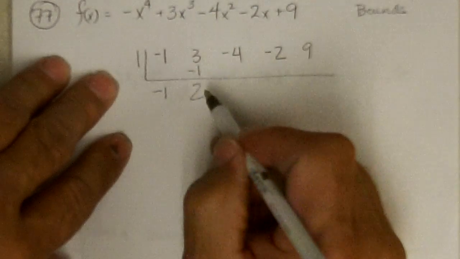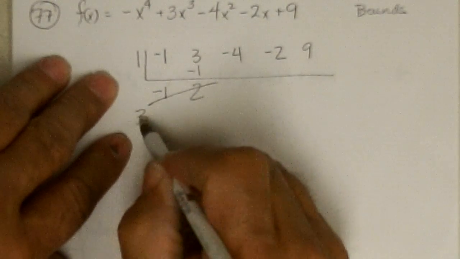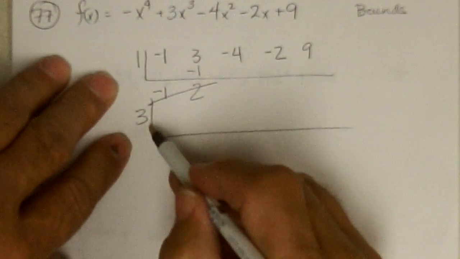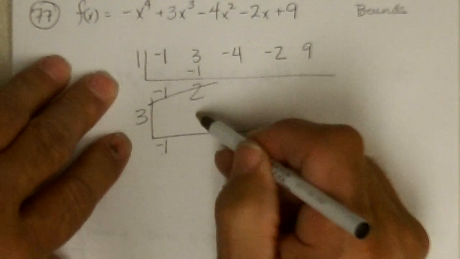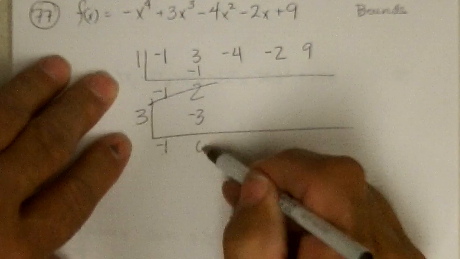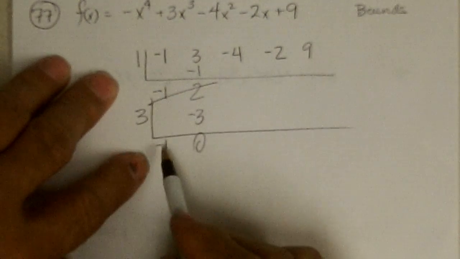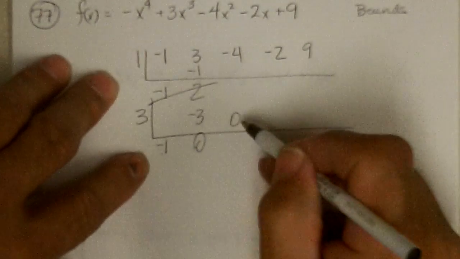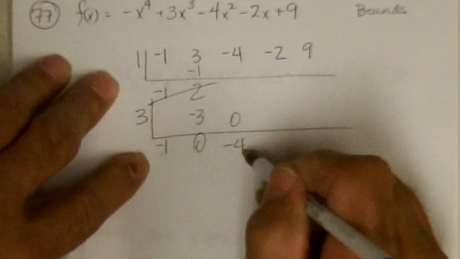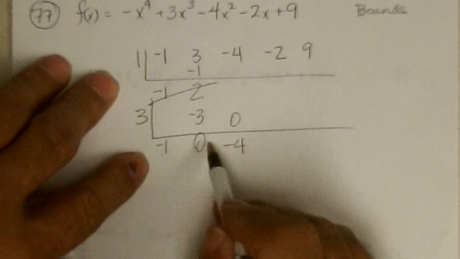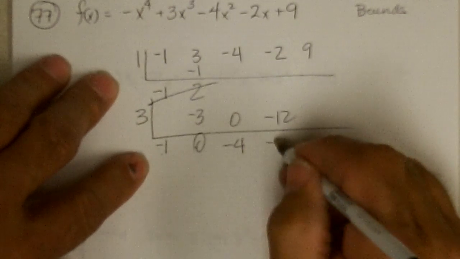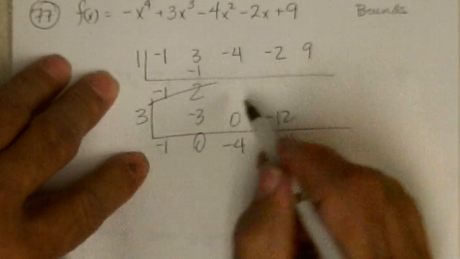So I'll go to 3. Minus 1. 3 times minus 1 is minus 3. That's 0. Zeros could be considered minus, so that's not a sign change. 3 times 0 is 0. Minus 4. That's still minus. No sign change. This is minus 12. That'd be minus 14.